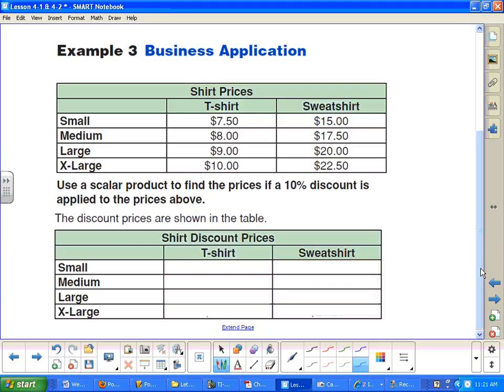So we start at 100%. If we get a 10% discount, that means we're going to pay 90% of the original price. So then I can just do the scalar multiplication, which just says I'm going to multiply each of these by 0.9.